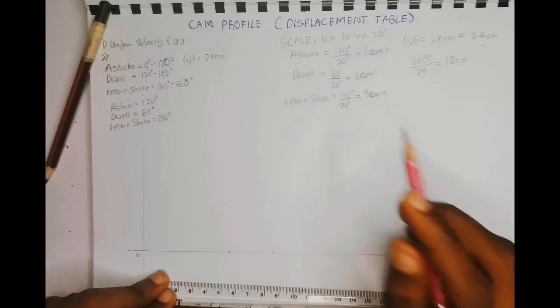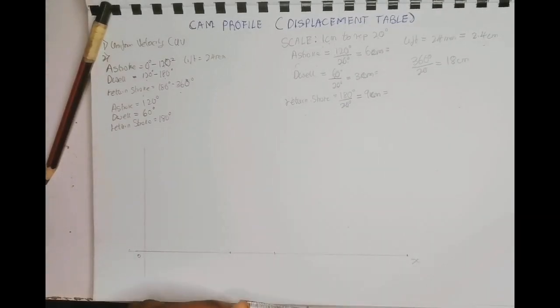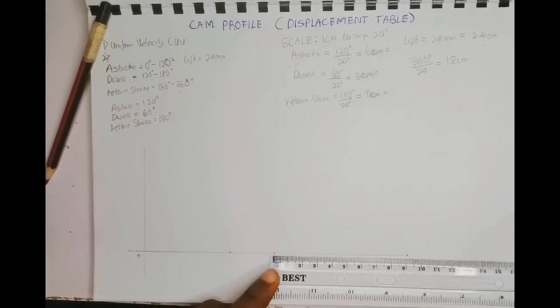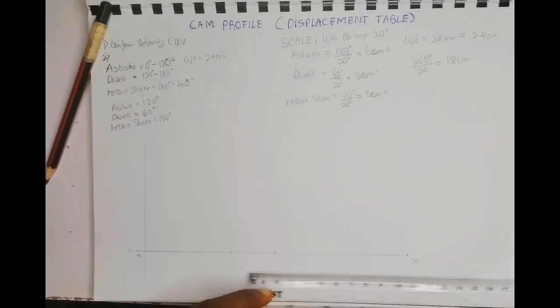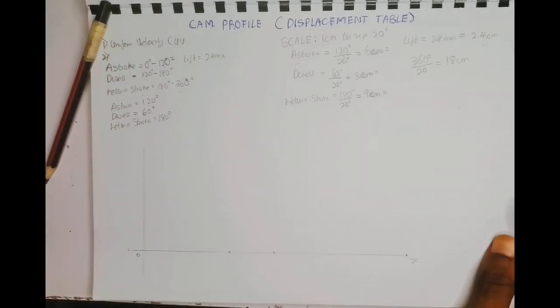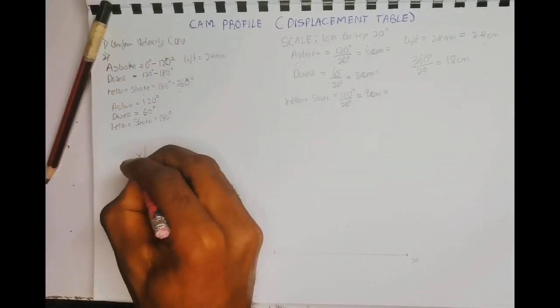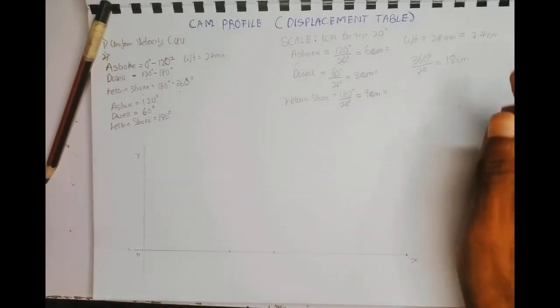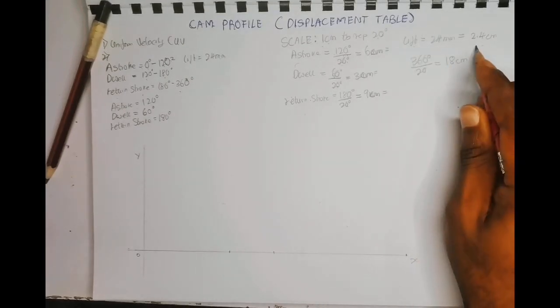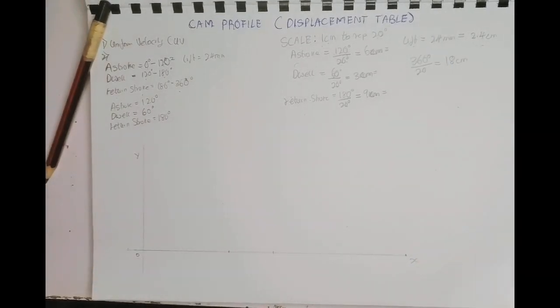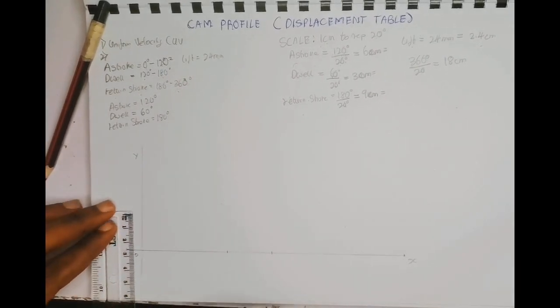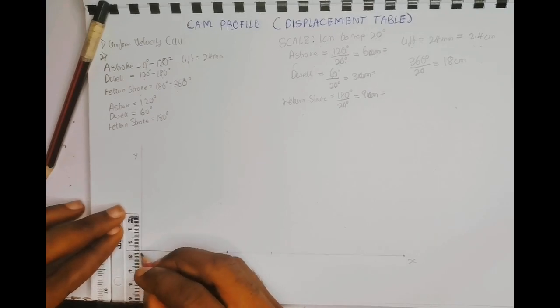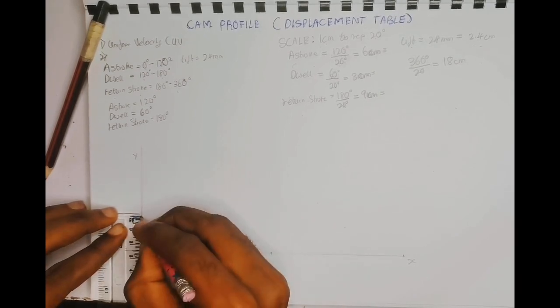Next, we measure the return stroke, which is 9 centimeters, from the dwell. Our lift is on the y-axis, which was given to us in the question as 2.4 centimeters. So on the y-axis, we measure 2.4 centimeters on the meter rule.